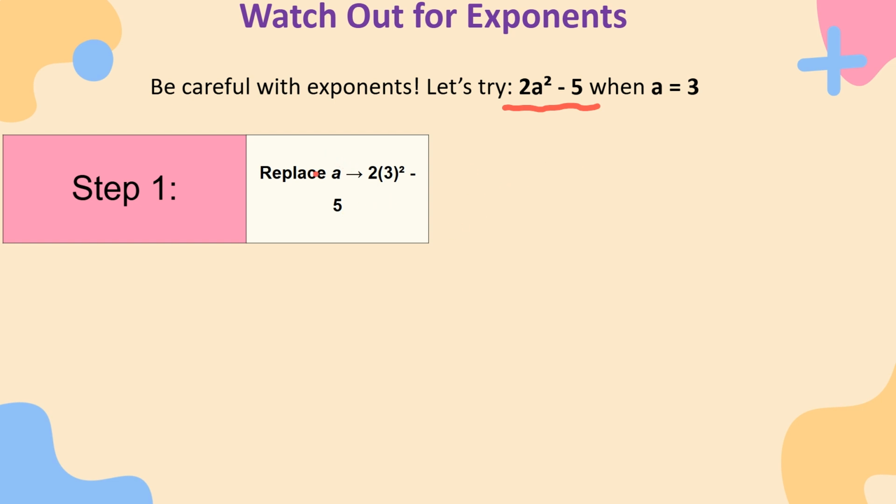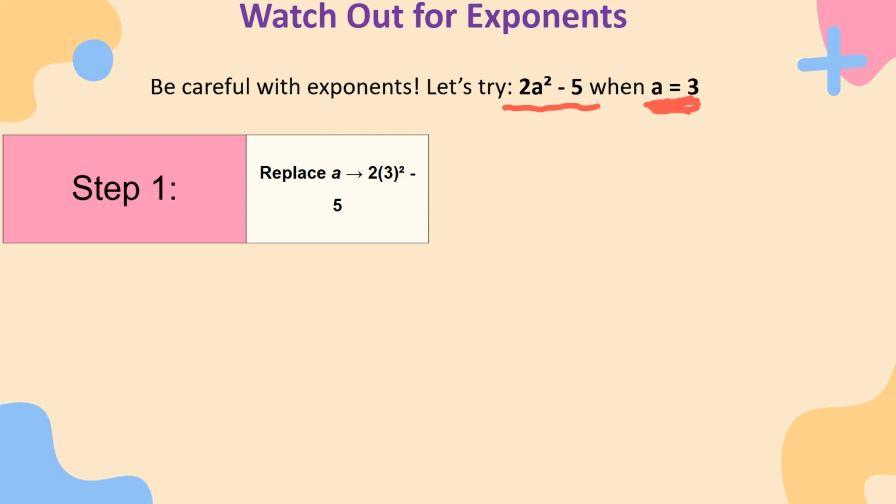We will now replace a with 3. Why? Because that's the assigned value, right? The assigned value for a is 3. So that's why we replace a with 3.